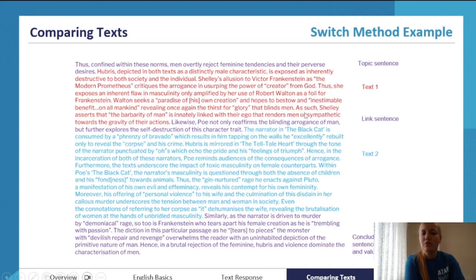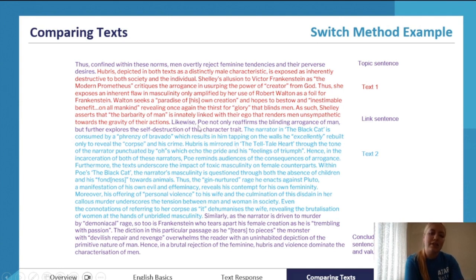And we see a views and values message that we close discussion of text A with before we move on to text B: "As such, Shelley, our author, asserts that the barbarity of man is innately linked with their ego that renders men unsympathetic towards the gravity or the consequences of their actions." And then a linking sentence: "Likewise, Poe not only reaffirms the blinding arrogance of man, but further explores the self destruction of this character trait."